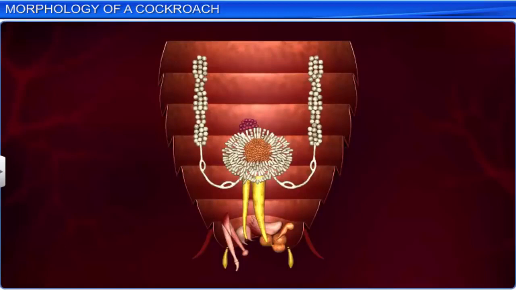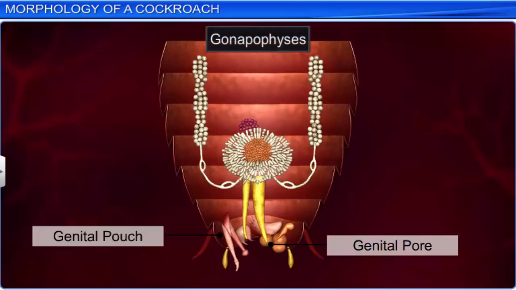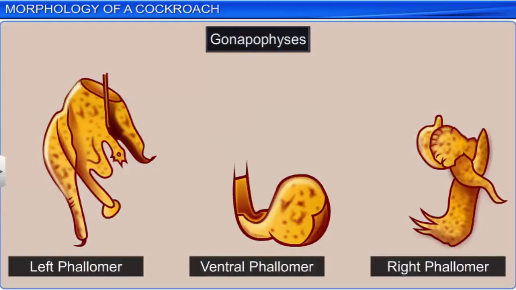In males, the genital pouch lies towards the end of the abdomen and contains the dorsal anus, the ventral male genital pore, and the gonapophysis. The genital pouch is surrounded dorsally by the 9th and 10th terga, and ventrally by the 9th sternum.